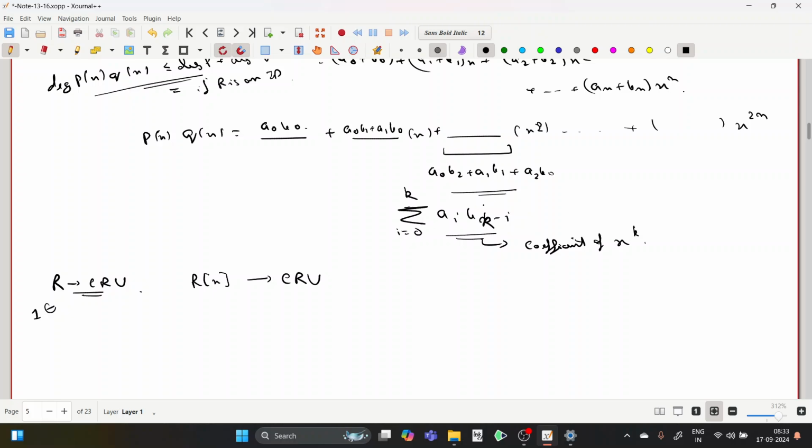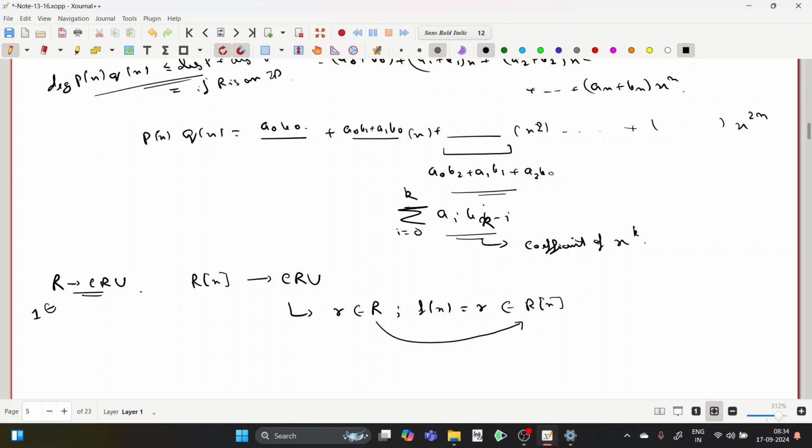I can say something more. In fact, if I choose any element from R, suppose I choose a small r from capital R, then I can consider a constant polynomial f(x) equal to r, and then it will also be an element of R[x]. So R is actually contained in R[x], and you can also see that R is in fact a subring of R[x], because the operations defined on R[x] are typically induced by the operations defined on capital R. Clear?